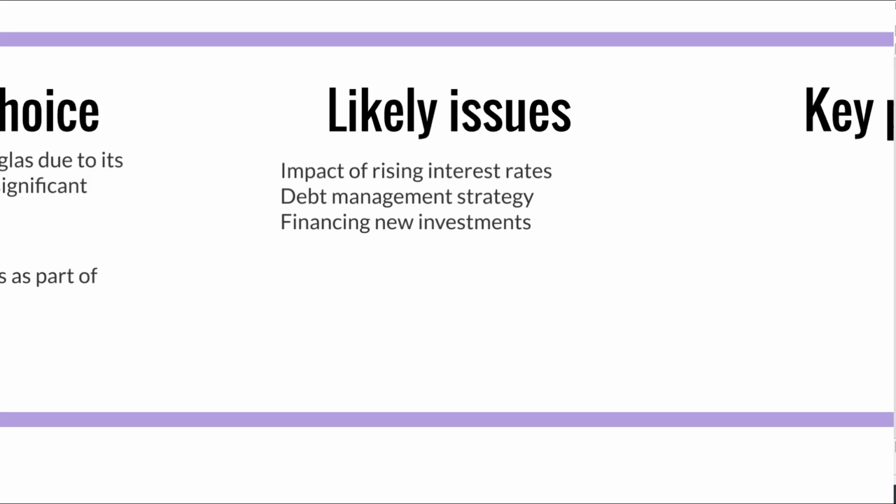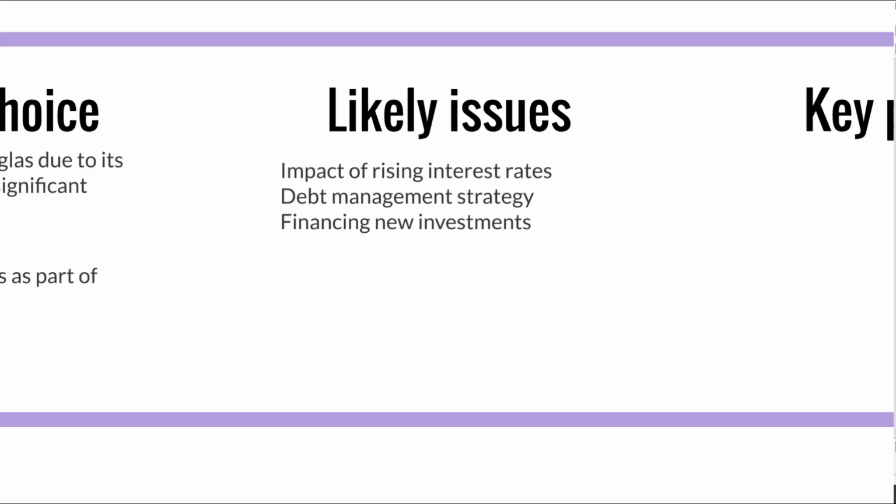So let's imagine interest rates are rising. Well, how can Shinyglas mitigate the effects of rising interest rates on its finance costs? Obviously, interest rates would impact on the finance costs, but it would also impact the consumers, so there would be less growth. So it'd be like a double whammy.